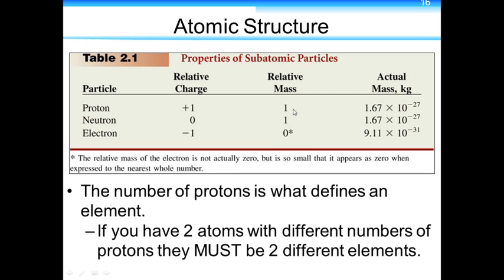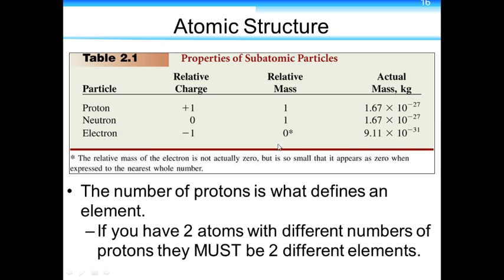Relative mass, we've done something similar with mass: the proton has a relative mass of 1, neutron 1, and then the electron is about 1/2000th the size of the proton and neutron.